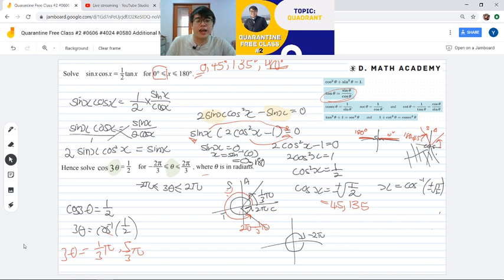Okay, however, it's not the end because we haven't covered the one with negative yet. For the negative part, this line over here, this distance is also negative 1 over 3 pi. And for here to here, this one will be negative 2 pi plus 1 over 3 pi.